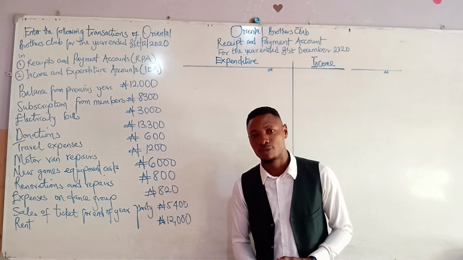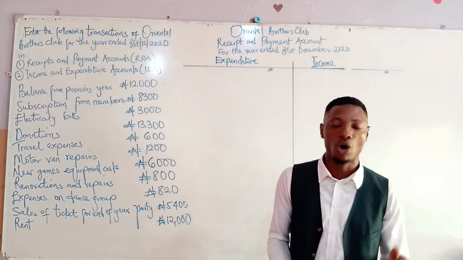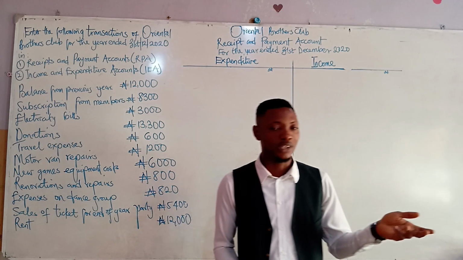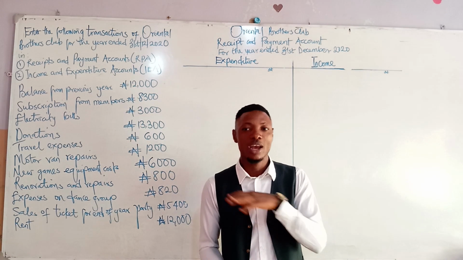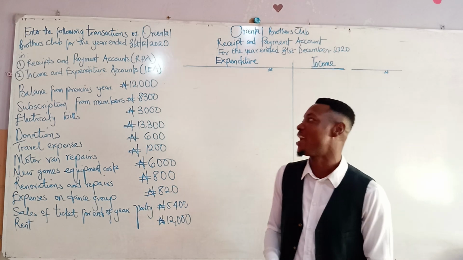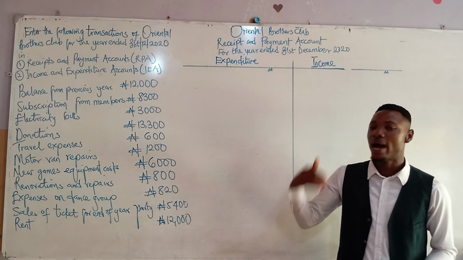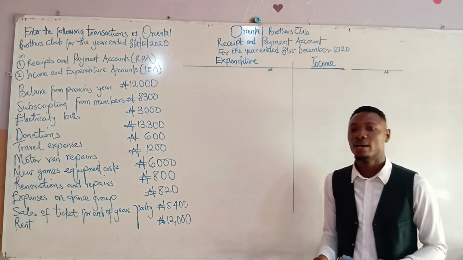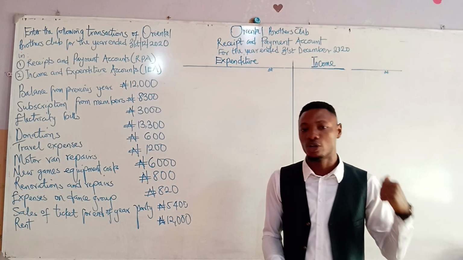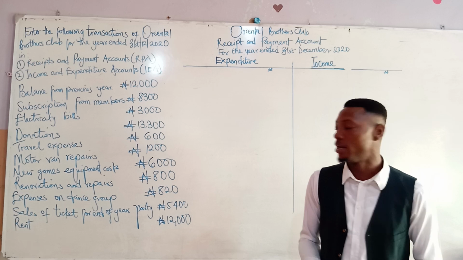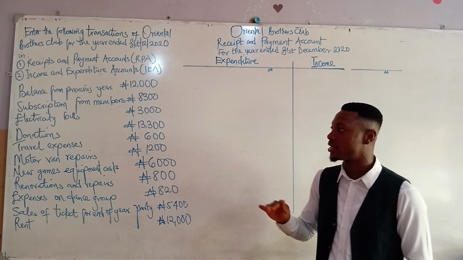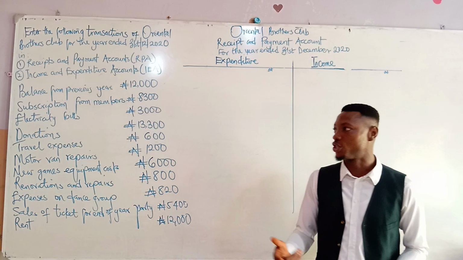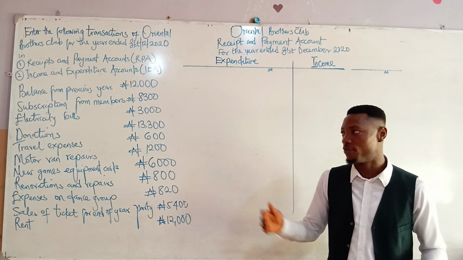It does not account for expenses incurred in acquisition of fixed assets. So anytime you see acquisition of fixed assets within an organization, it is not entered in the income and expenditure account. Balance brought forward is also not entered, because that is a balance from the previous year or previous accounting period. So we just focus on incomes or revenue and expenses or expenditure within that period of time.